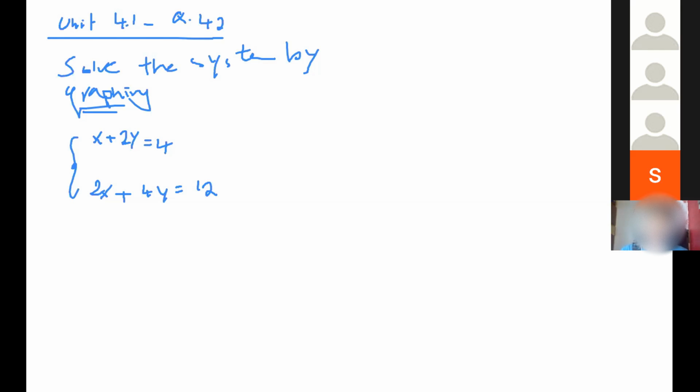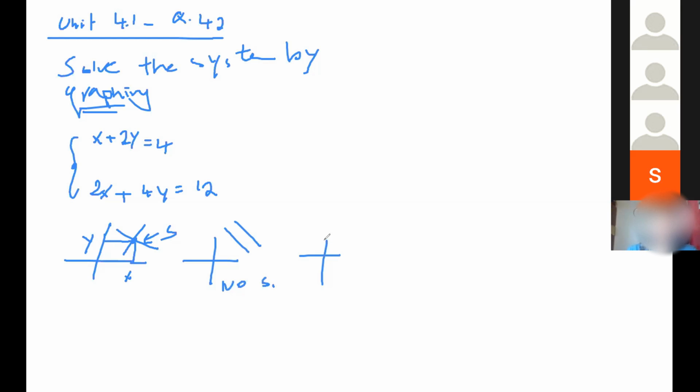To graph these lines, we need to find some points first. The lines might end up in these three cases. The lines might intersect like this, so this will be the solution, a pair of points x and y. The two lines might be parallel, so no solution.